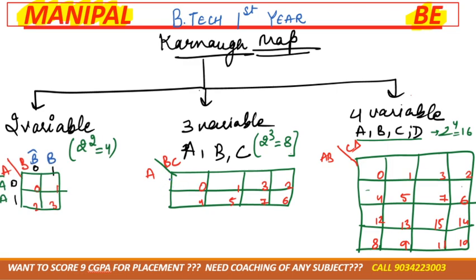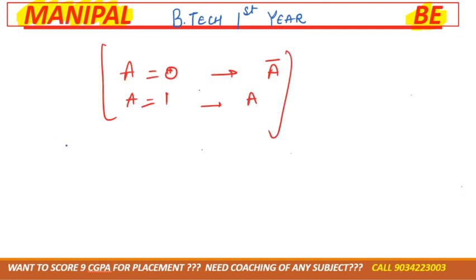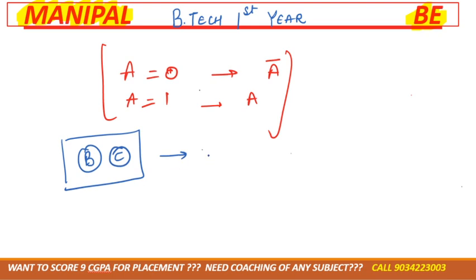Similarly, move to this one. A can be either 0 or 1, right? And now there is BC on the top side. Because we have two variables, how many possible cases are there? Tell me. Suppose you have switches in your room, for two switches, how many possible combinations will there be?